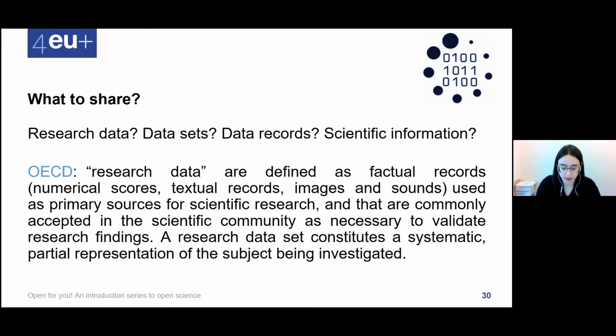The OECD considers scientific information as two main categories: peer-reviewed scientific publication, so primarily research articles published in academic journals, and second, scientific research data, so the data underlying publications and or other data such as curated but unpublished datasets or raw data.